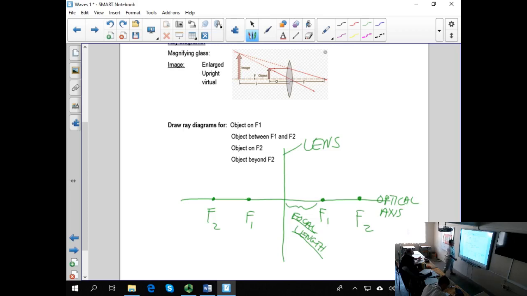I'm representing the object with this red arrow. The object lies between F1 and the lens. It doesn't have to be exactly in the half, just anywhere between F1 and the lens.